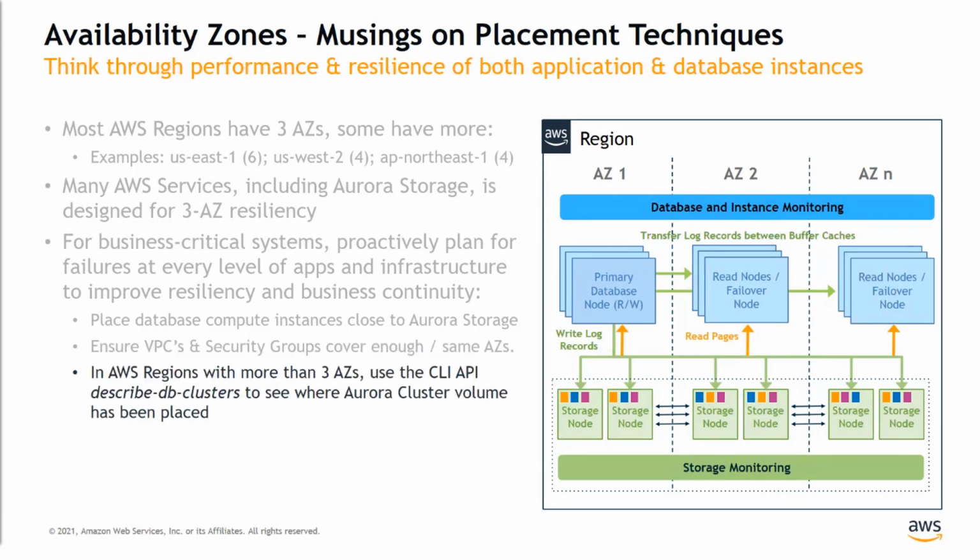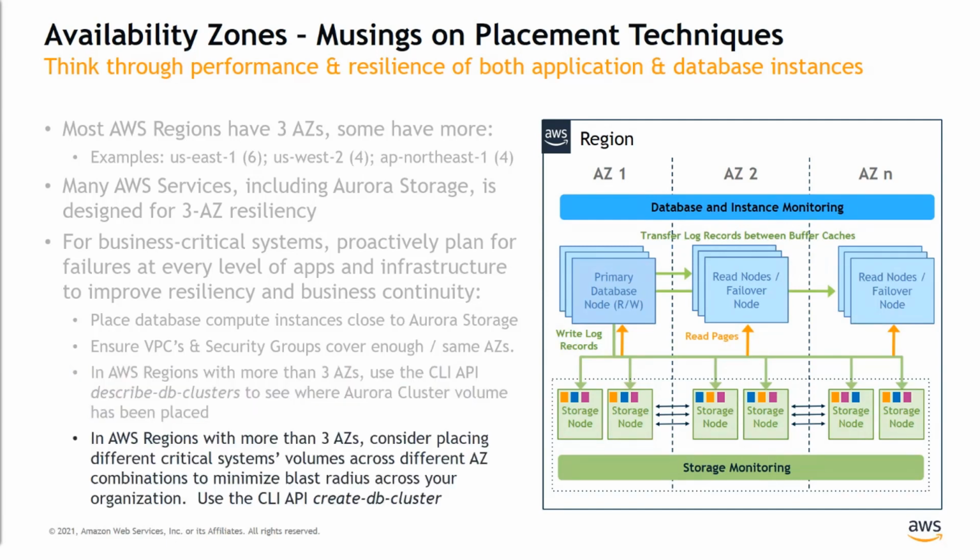In AWS regions where there are more than 3 AZs, use the CLI API called Describe DB clusters to see where your Aurora storage volume has been placed, right? If you're in US East 1, it might have been placed in 3 AZs that maybe you don't have included in your compute layer VPCs for your database instances. So super important.